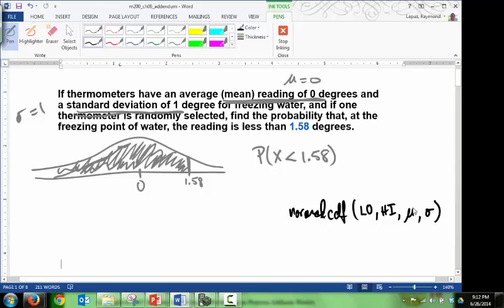But I think I want you to get used to more practically, you're going to be using a normal distribution where the mean is not necessarily 0 and the standard deviation is not necessarily 1. So for us, let's get used to using a normal CDF with 4 arguments, and we'll always put in the mean and standard deviation. Okay, so let's stick with that idea.